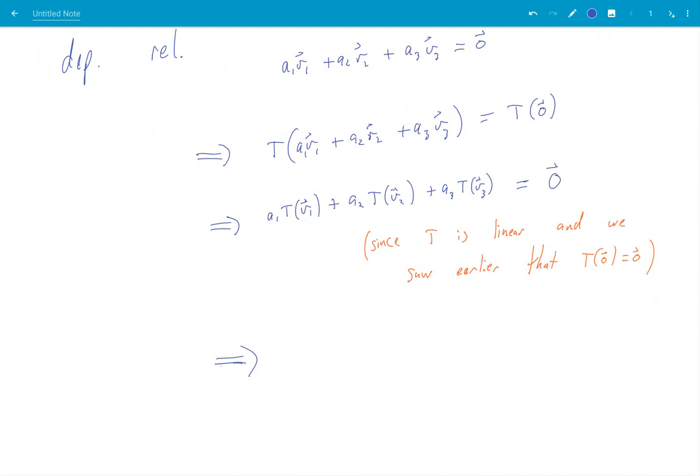So therefore, we have a non-trivial dependence relation for this set, T of V1, T of V2, T of V3.